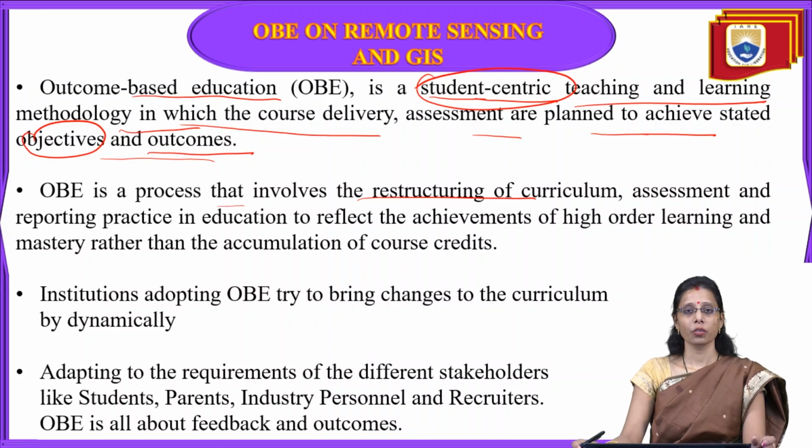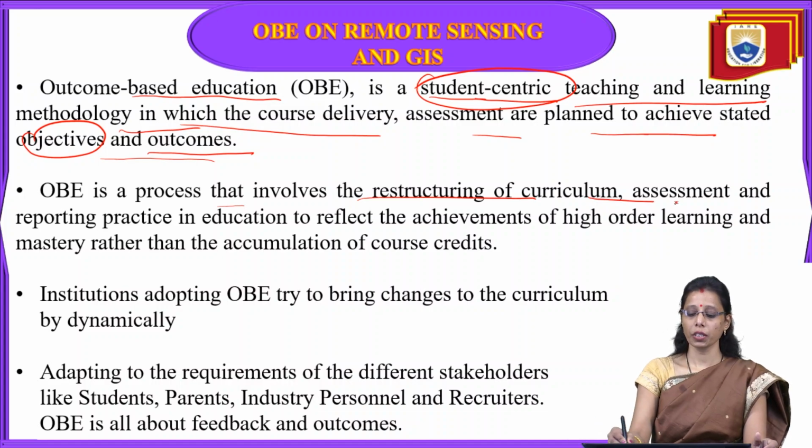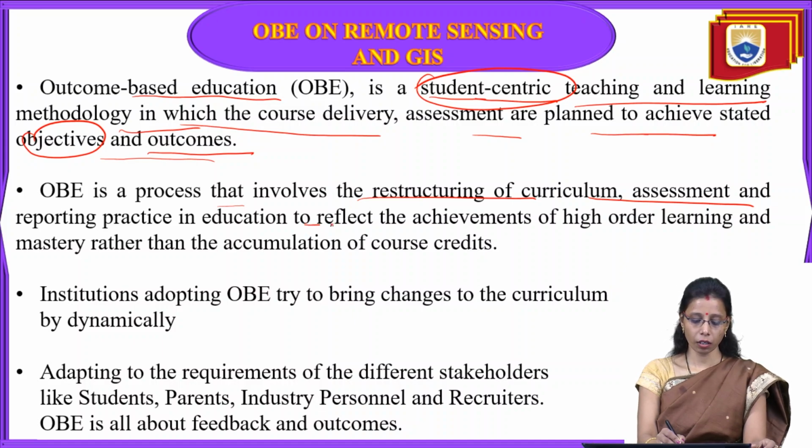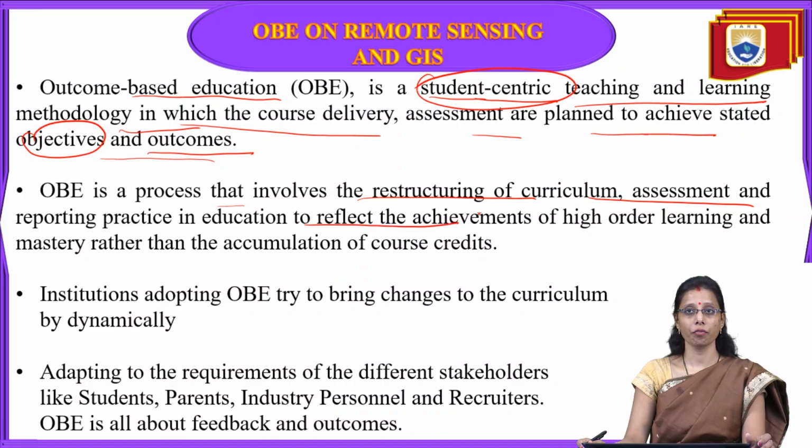In each module, depending on the course, there are topics the student has to learn and understand. Assessment and reporting practice in education will reflect the achievement of higher-order learning and mastery rather than the accumulation of course credits.